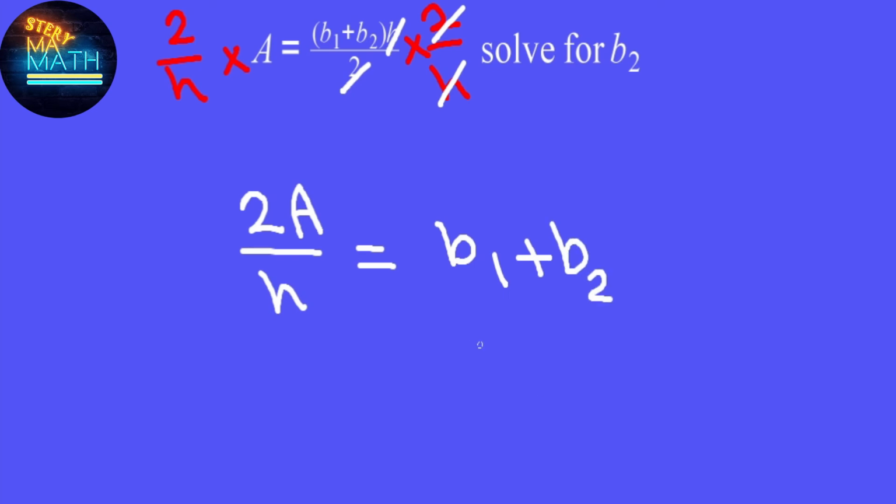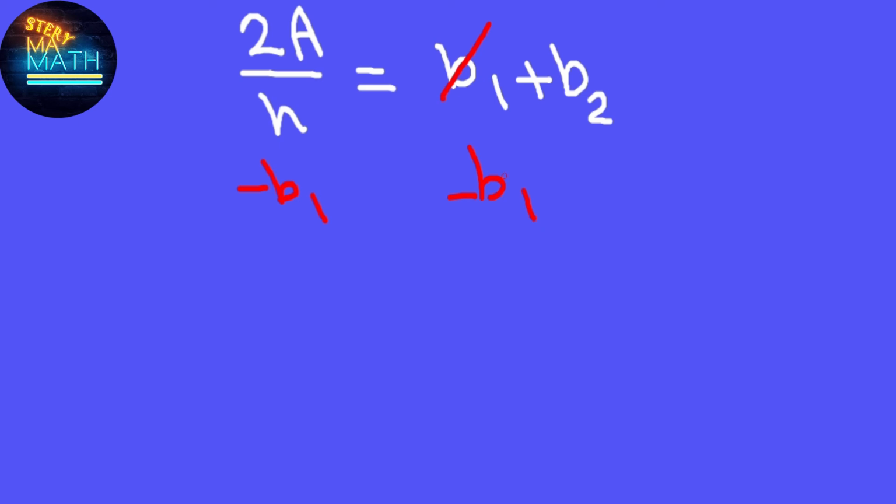And you want to say b2 is equal to, so I will get rid of b1. So I will subtract b1 from both sides. So here minus b1, and here minus b1. b1 minus b1 is 0, so b2 is equal to 2a over h minus b1.